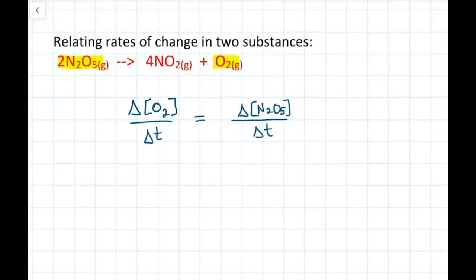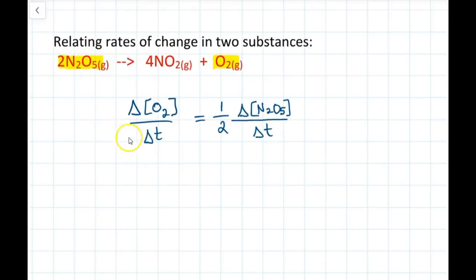But right now these two wouldn't actually be equal to each other because, as we just said, because of the coefficient here, the N2O5 is actually disappearing twice as fast as the oxygen is appearing. So to even that out, what I do is I multiply that N2O5 by 1/2. Okay, and so now they would be equal to each other because, yes, this is disappearing twice as fast, but I'm multiplying it by 1/2.